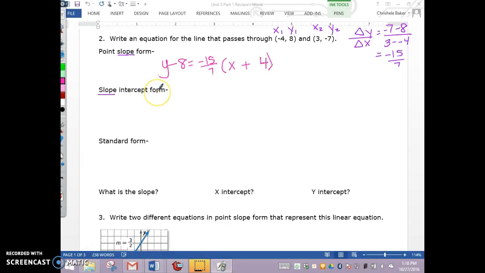To get it into slope-intercept form, I need to know what b is. Now, we went over a couple different ways to do this. One way is to use an x and a y in the slope and solve for b. So I'm using y equals mx plus b.